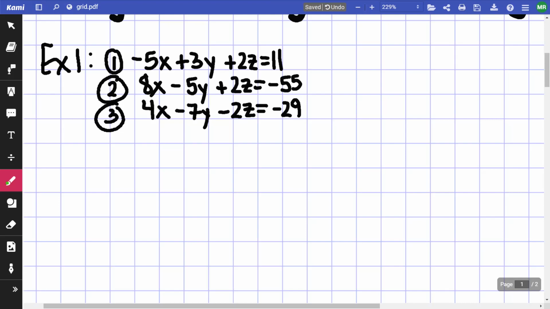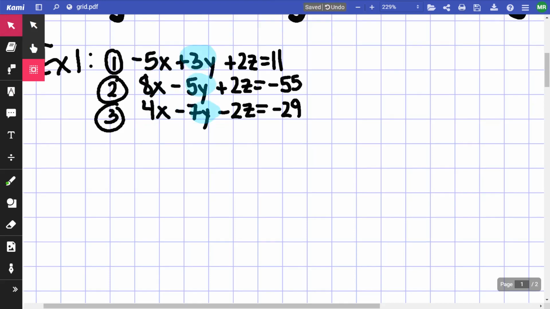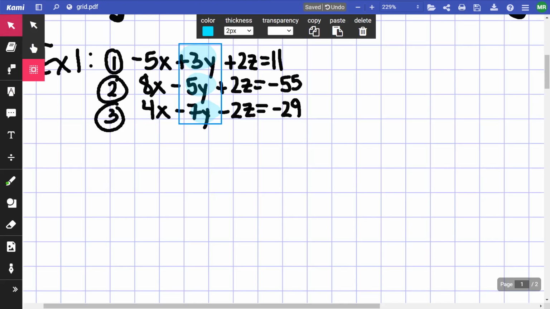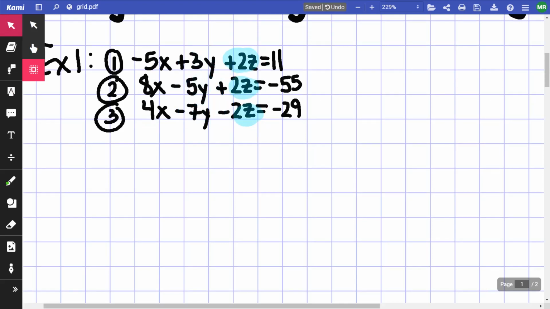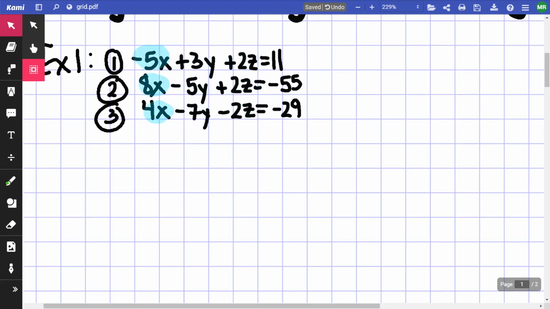So what we want to do is look at these equations and decide, is it easiest to try to eliminate our x's, or is it easier to try to eliminate our y's, or is it easier to try to eliminate our z's? Now if I was trying to eliminate our x's, I'd have to try to cancel a negative 5x and 8x and a 4x.